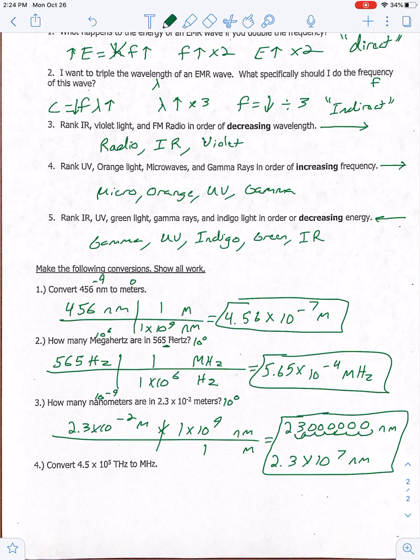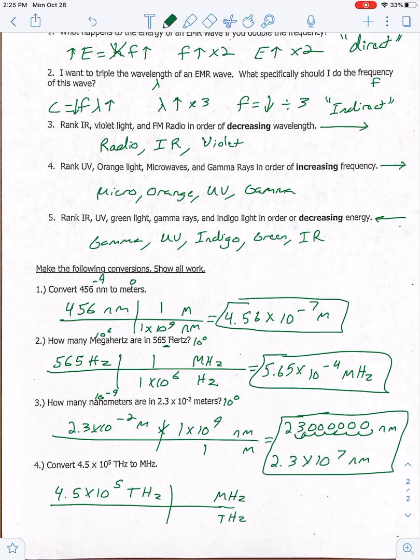Last one, 4.5 times 10 to the 5th terahertz. Okay, so I wrote down what we started with. Terahertz has to go on bottom, and then megahertz would go on top. So you look at your metric scale.